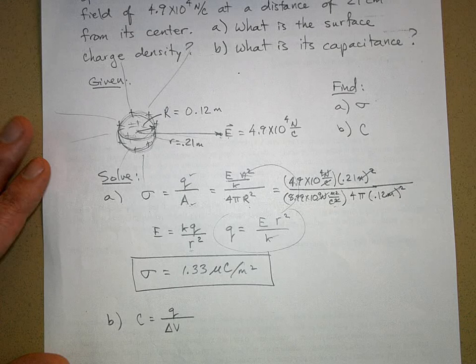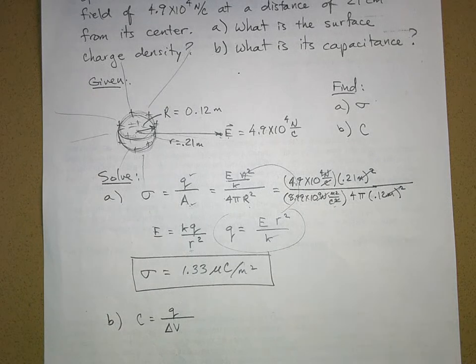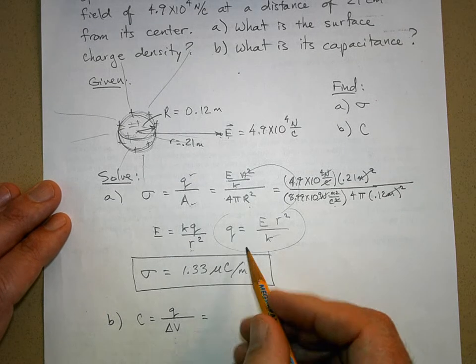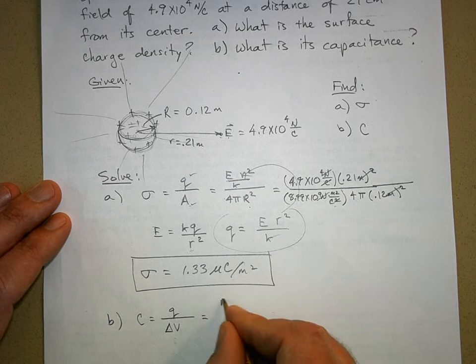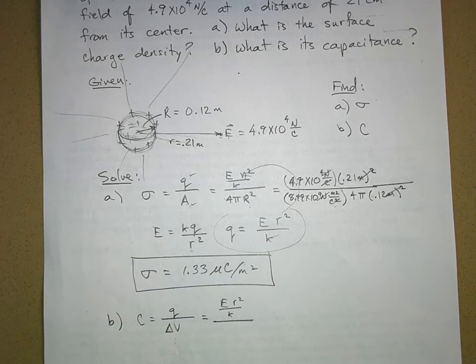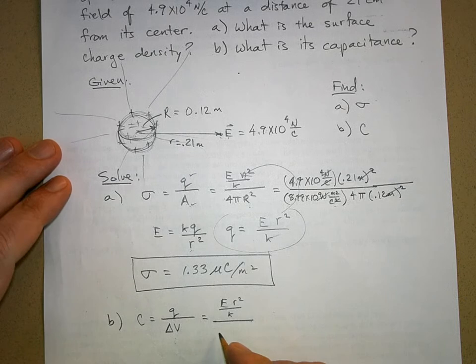Well, that surface is acting like a point charge up until you get to that surface. So you just use the voltage for a point charge. So let's use this expression again, E r squared over K.